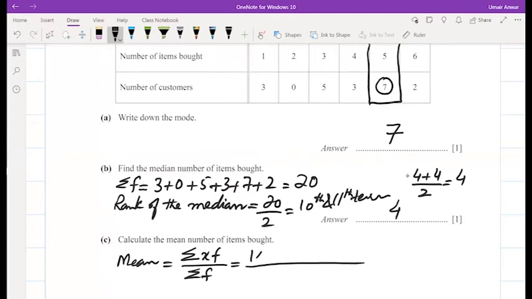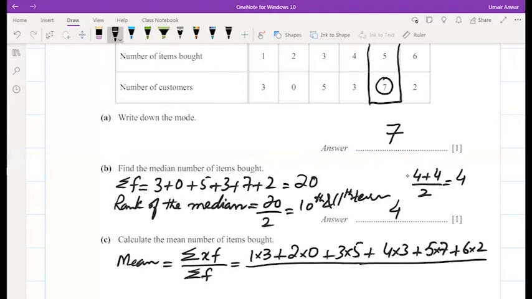So the first data item is 1, frequency 3, plus 2 multiplied by 0, plus 3 multiplied by 5, plus 4 multiplied by 3, plus 5 multiplied by 7, and finally 6 multiplied by 2, divided by the sum of the frequencies, which is 20.